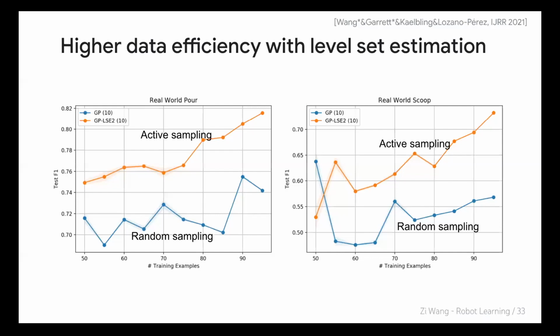We eventually look at the F1 score on the test set, which includes different sizes of the objects that the robot has never seen before. The generalization results show that active sampling is much better than random sampling, which is what we want, right? A lot more data efficiency, so we don't have to do too many experiments in the real world.